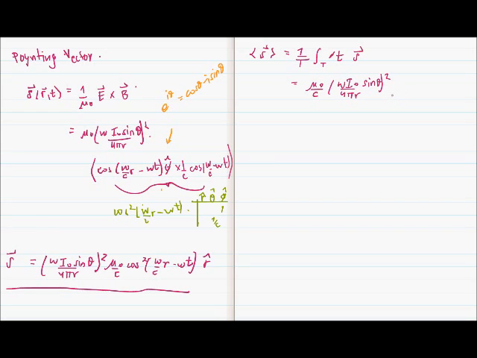So 2 over T squared. This comes down here.